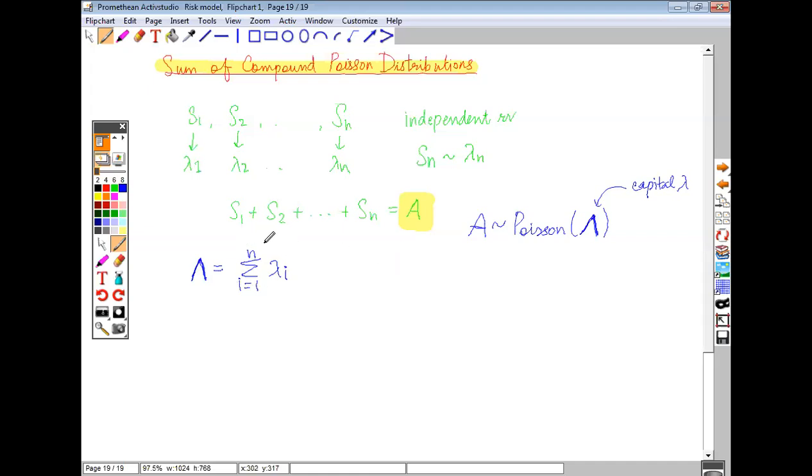So I summarize it like this, and that is how I denote my capital lambda, which is the rate at which this A follows Poisson. Again, because it's a Poisson distribution, I can fairly say that this will be my expectation of A as well, because this is the rate at which events are occurring. So this is my expected A here.